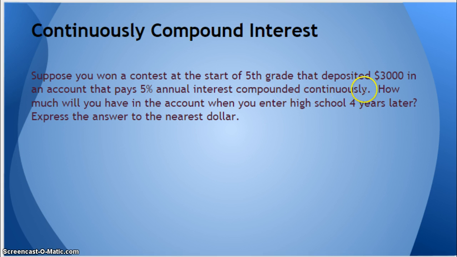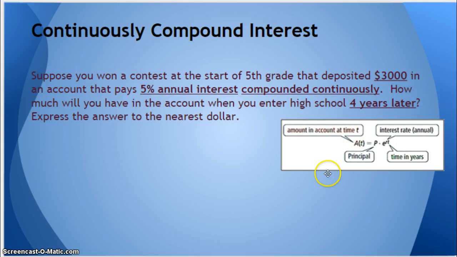If I didn't have those words, then you could just use the normal interest formula. But since they say compounded continuously, we have to use that formula. How much will you have in the account when you enter high school 4 years later? Express the answer to the nearest dollar.